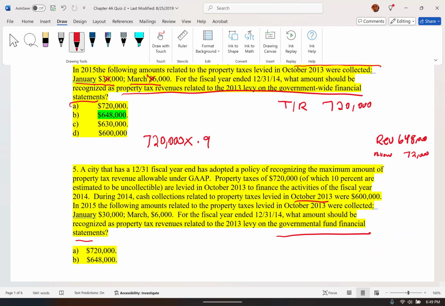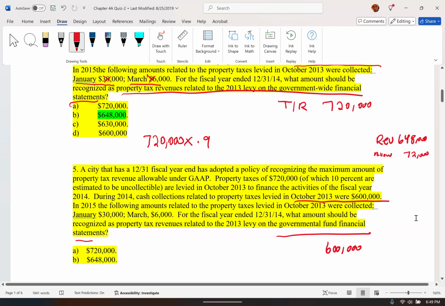We're counting the 60 days after 2014, within 2015. In 2015, what happens? 30,000 comes in January. Yep, that's within 60 days. The 6,000 doesn't come until March. We're considering that outside the 60 days. And so that gives me what?